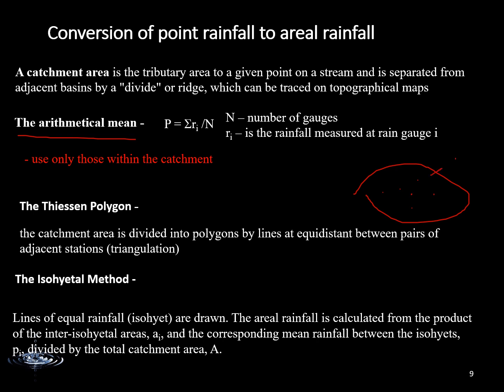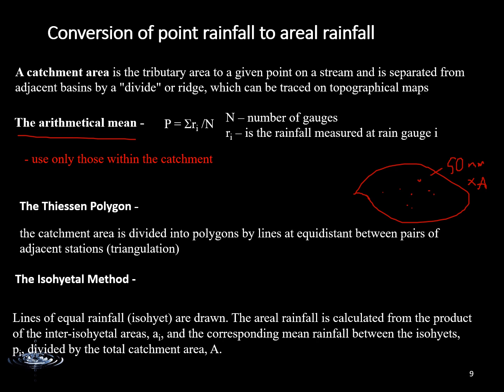Let's say the average of all these 17 rainfall stations is 50 millimeter, then that is the depth of rainfall, right? And once we multiply with the catchment area, we can calculate the volume of rainfall. So this is how we can convert rainfall data from a number of rainfall stations to one average rainfall.